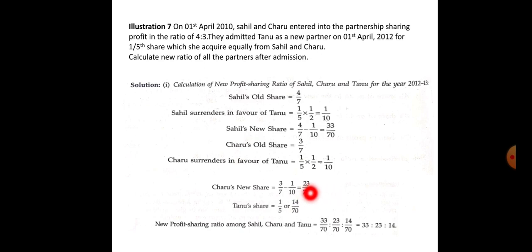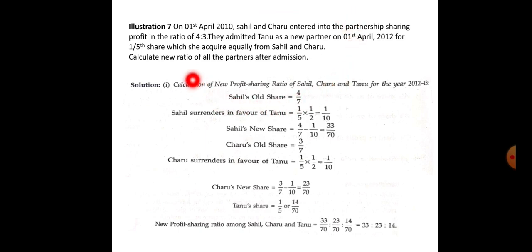New ratio among Sahil, Charu and Tanu was 33/70, 23/70 and 14/70. 33:23:14 would be the new profit sharing ratio. So in this case we have seen that acquire is what is given to you, and they acquire equally, so we will have to calculate how much share would be acquired by Sahil and Charu both. Clear, very simple.